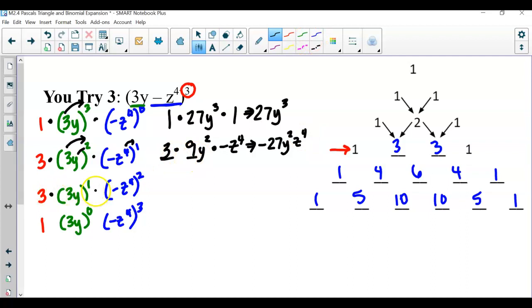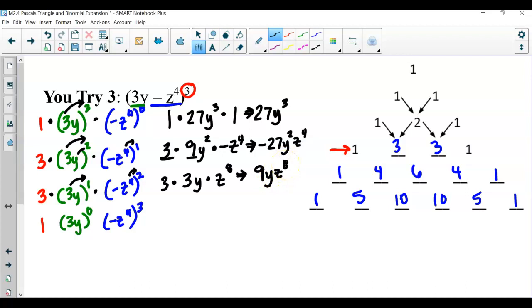Then the next row. Here I've got 3 times 3 to the first power, which is again just 3, and y to that first power, which is just y. Then times, notice how, right, we're flip-flopping, so positive, negative, so a positive. 4 to the second power, power to a power, multiply. So that is z to the 8th power, making our final answer 9y times z to the 8th.